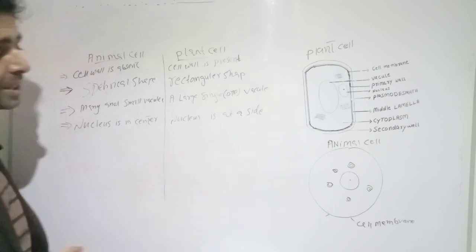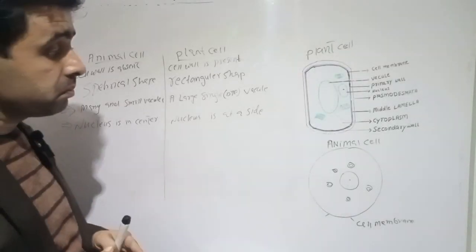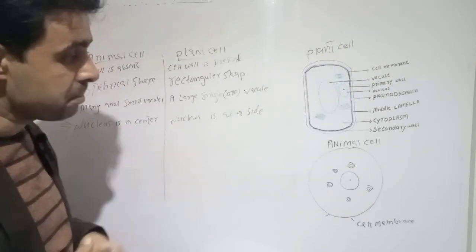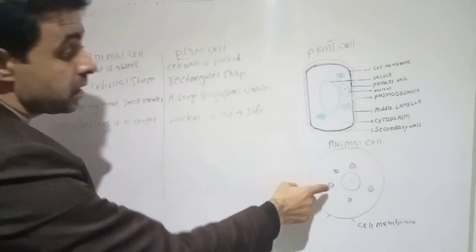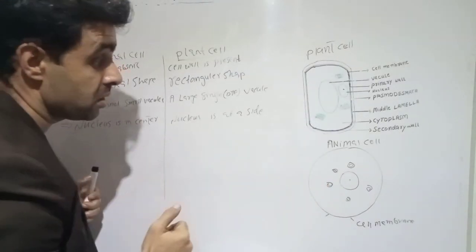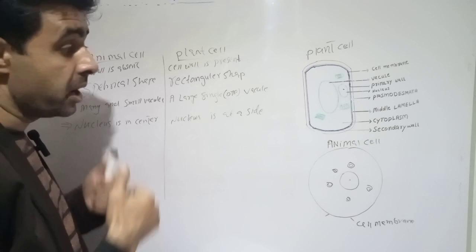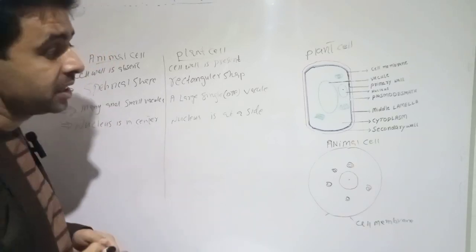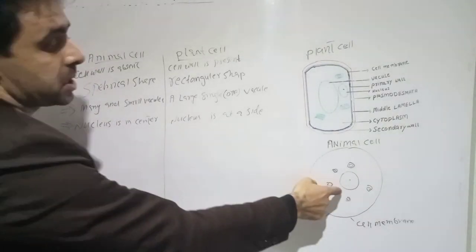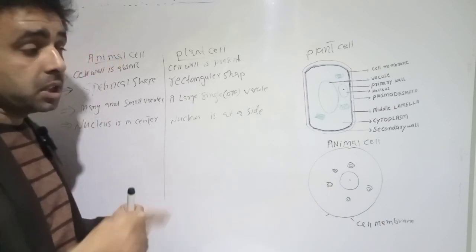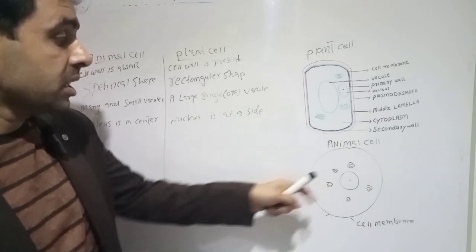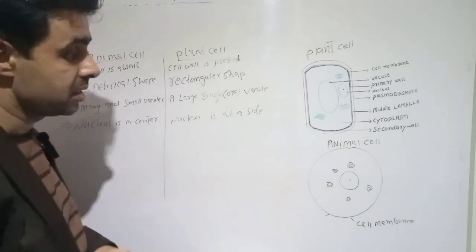Now in case of animal cell, the vacuoles are many in number, but they are not so heavy, not so mighty. They can't pressurize the nucleus, and that is why the nucleus is in center.